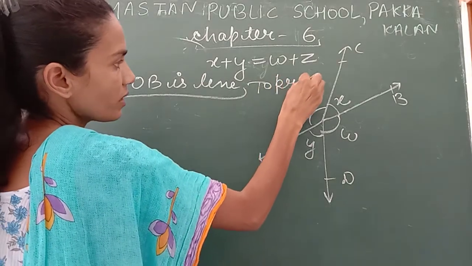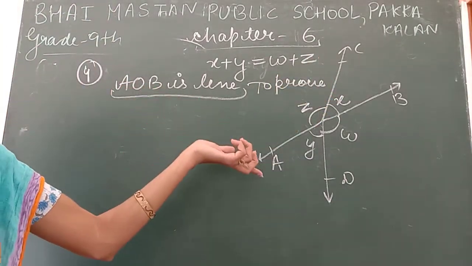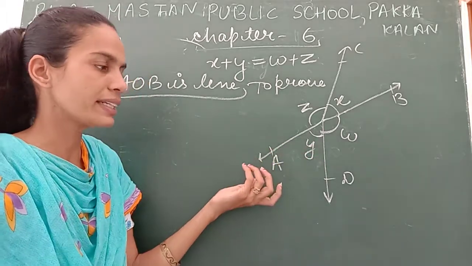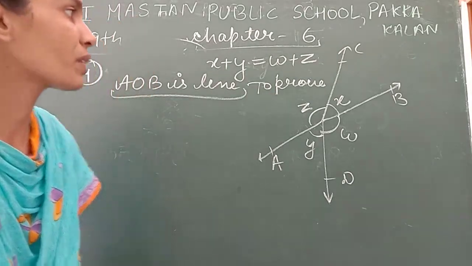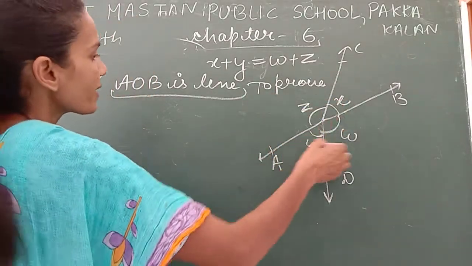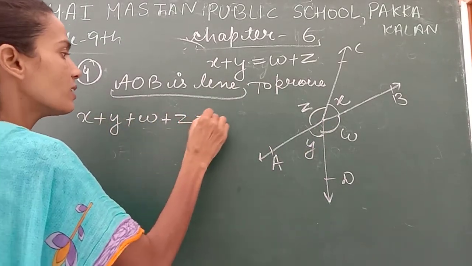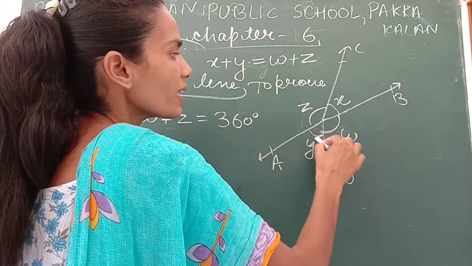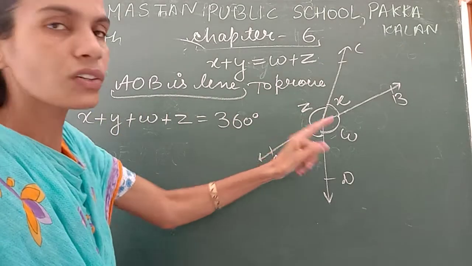This you have to prove. How will you prove it? You will prove that the measurement of AOB is 180 degrees. So once the measurement is 180 degrees, automatically it is a straight line. Otherwise no. So let the sum of all these angles, x plus y plus w plus z, be 360 degrees, since they form a circle, a round shape. In a circle the measurement of the angle is 360 degrees.